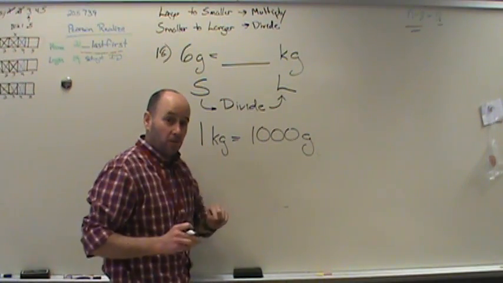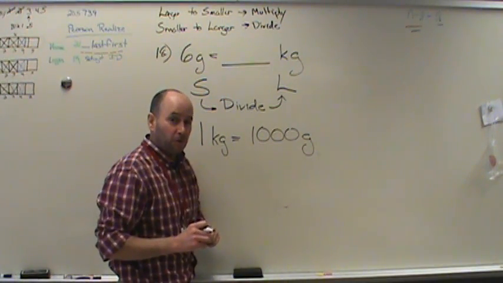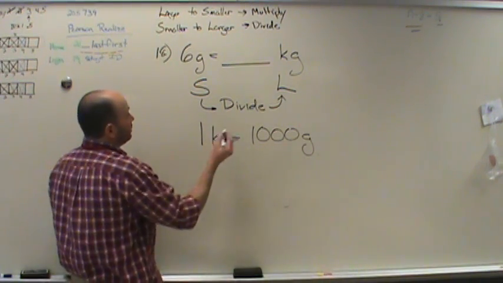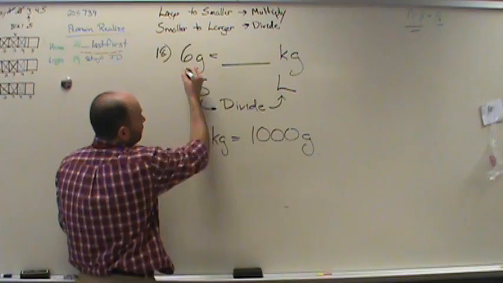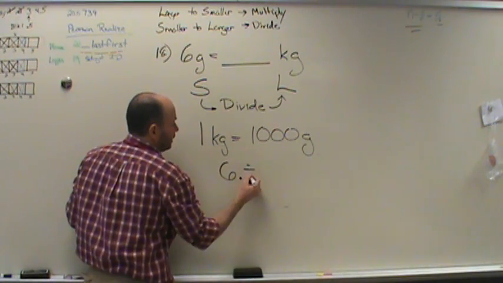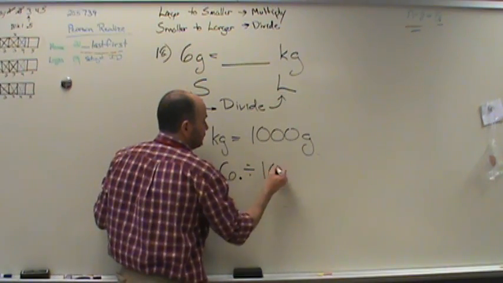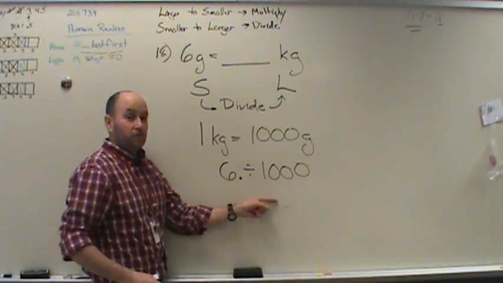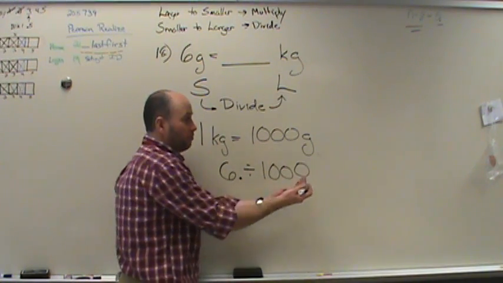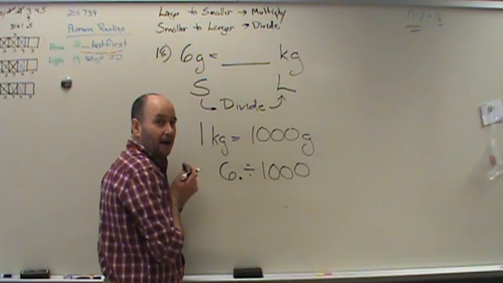You can use your calculator, you can do it on paper and pencil, or you can use the moving of the decimal. Now, here's the thing to remember. You have 6, which is a whole number, so your decimal point is right here, and you're going to divide it by 1,000. If you divide by 1,000, you're going to bring your decimal to the left, okay?